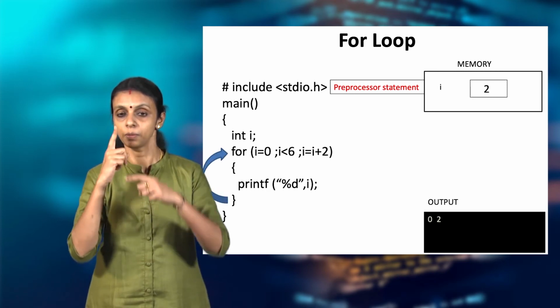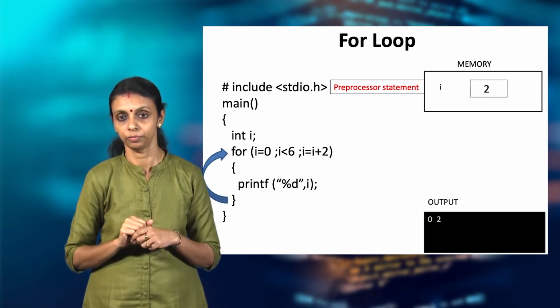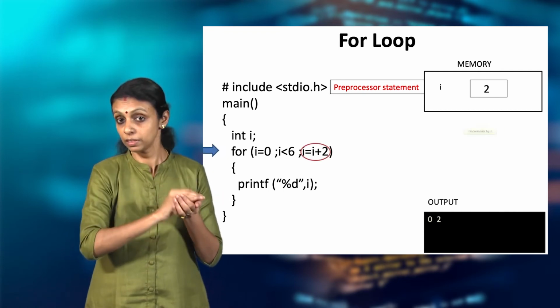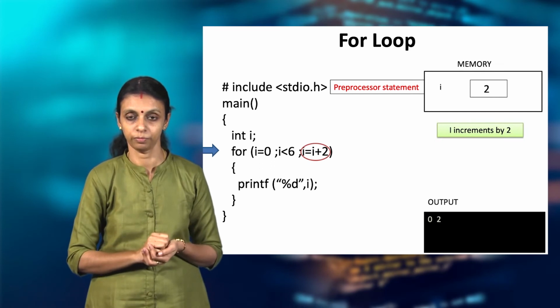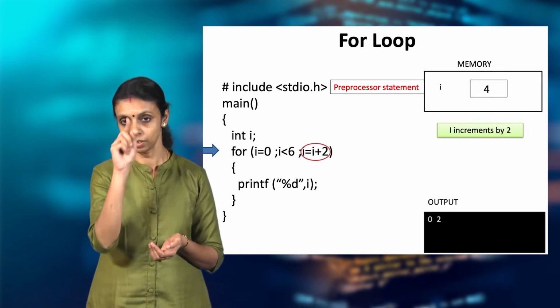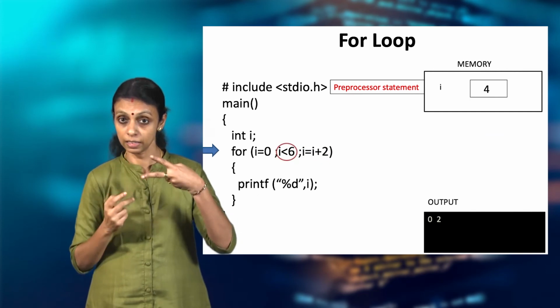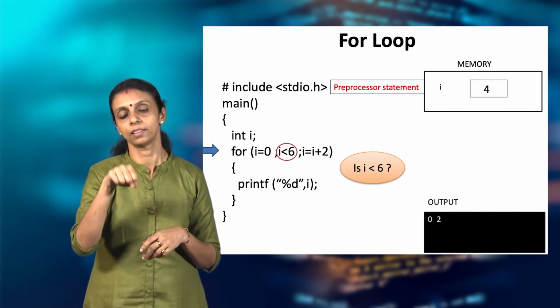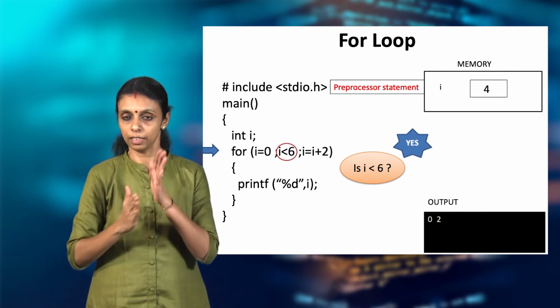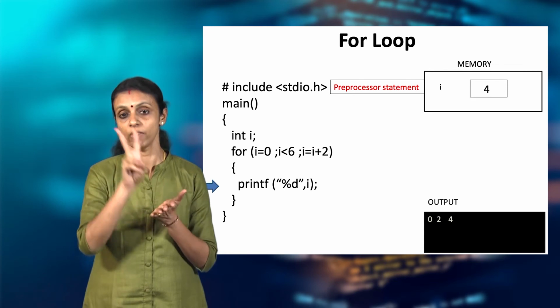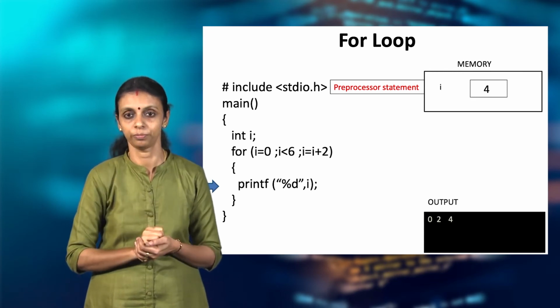Then update expression, I is equal to I plus 2, that is I is equal to 4. Checks the condition, I less than 6? Yes. The statement in the loop executes and prints the value of I, that is 4.